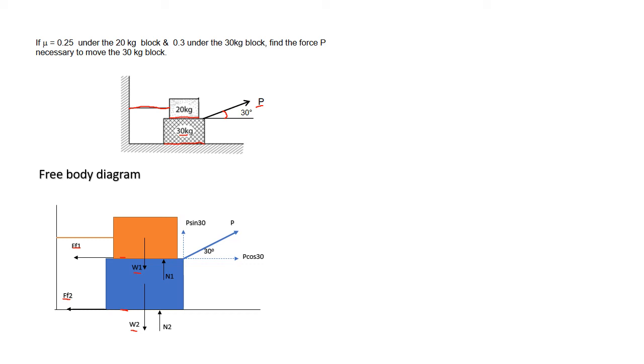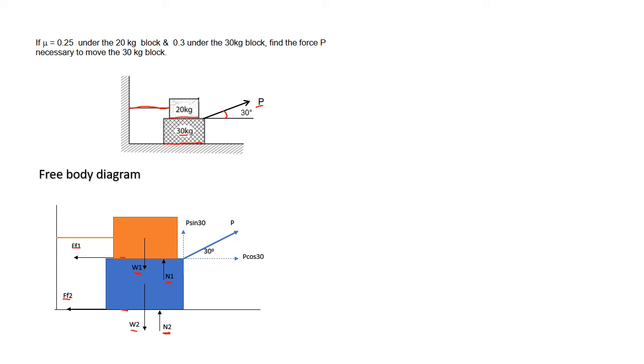Now, these two, N1 and N2, are reaction force or normal force, and they are the force that pushes back against the weight. So they're equal and opposite to the weight of the blocks. So N1 is the normal force of the top block, and N2 is the normal force of the top and bottom blocks combined.